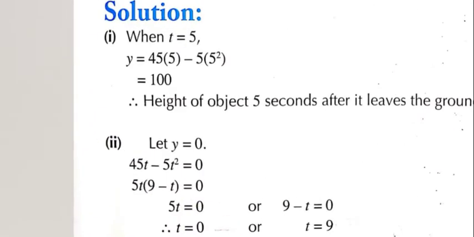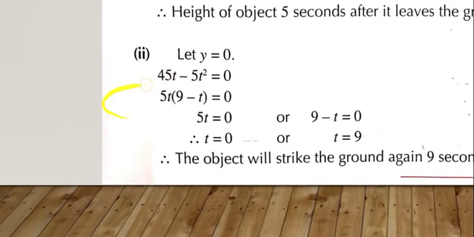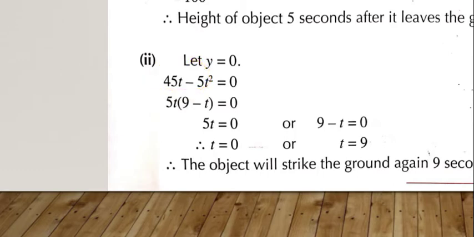Because you don't have a constant, you only have t squared and t, you can just pull out the common factor, which is 5t. They both can be divided by 5t. 45t divided by 5t is 9, minus 5t squared divided by 5t is just minus t. The way you can confirm this is to expand the bracket, do the opposite, multiply in again, and you will get exactly the same. So this is confirmed already.